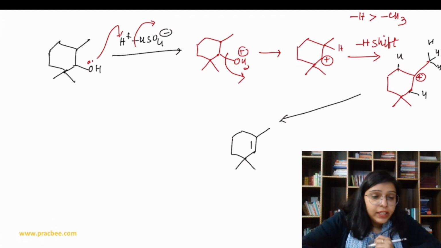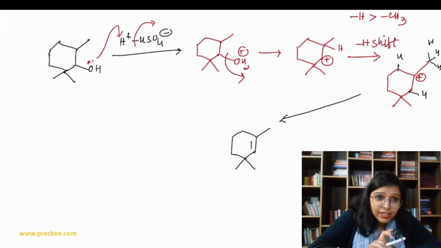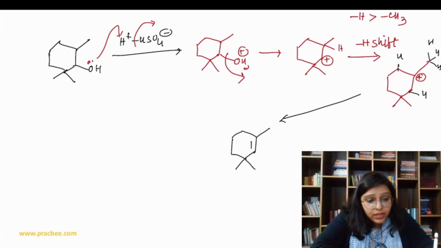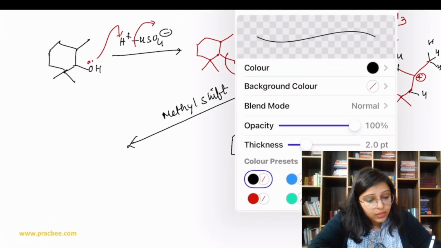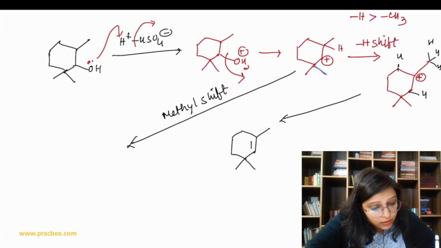Now heating is given, so we have to think about whether we can form another stable product. It means if we do a methyl shift, see here, we are going to do a methyl shift over here.